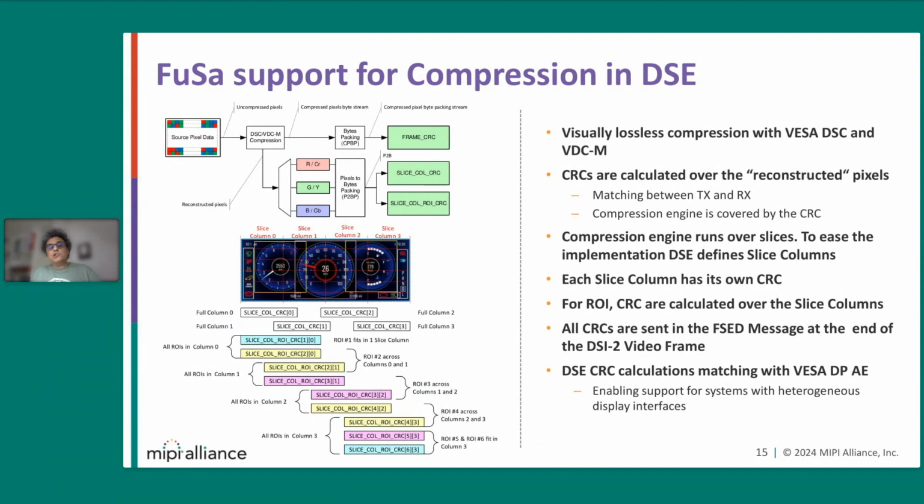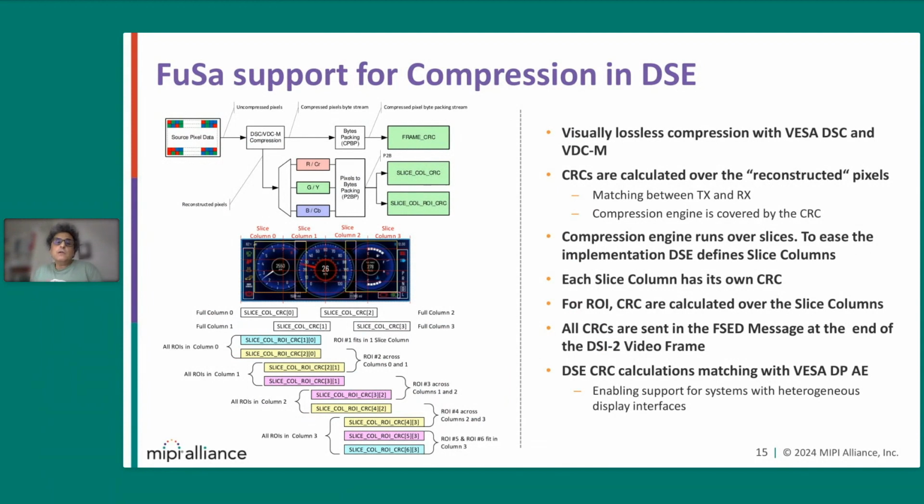And this engine on the transmitter side is calculating the reconstructed pixel to have a very low difference between the reconstructed pixel and the original pixel, to determine what are the compressed pixel data. So what we do is that we make the CRC check on the reconstructed pixel.